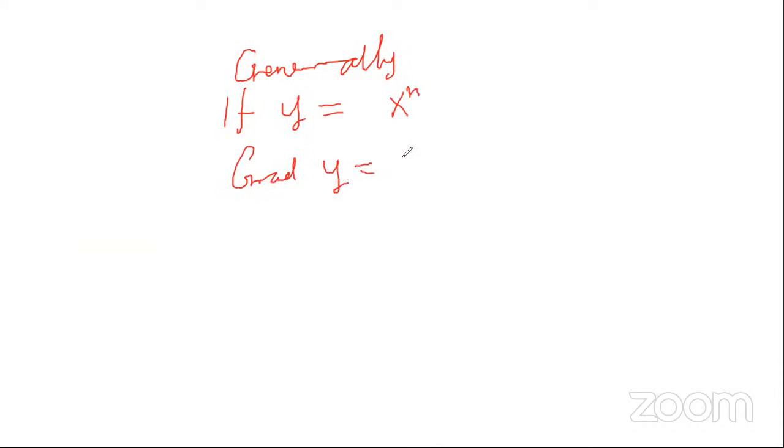So if y is equal to x to power n, the gradient of y is the same as n times x to power n minus 1.